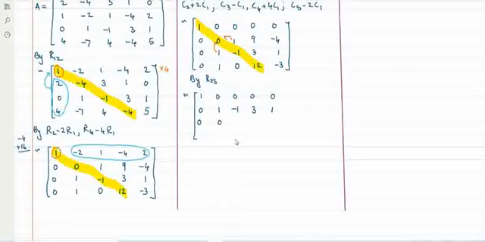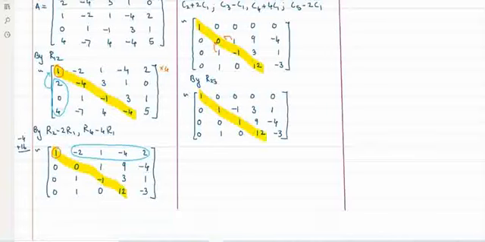Second becomes third, 0, 0, 1, 9, and minus 4. The last one remains the same, 0, 1, 0, 12, and minus 3. So again, this is your diagonal entry. Now you obtain the A22 element as 1. So you have to reduce the elements below A22 to 0.